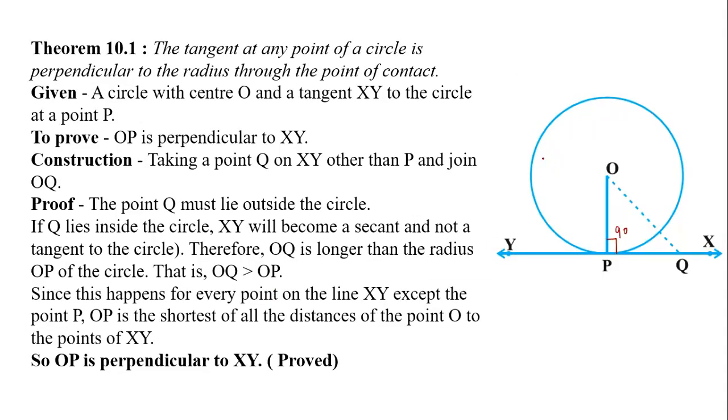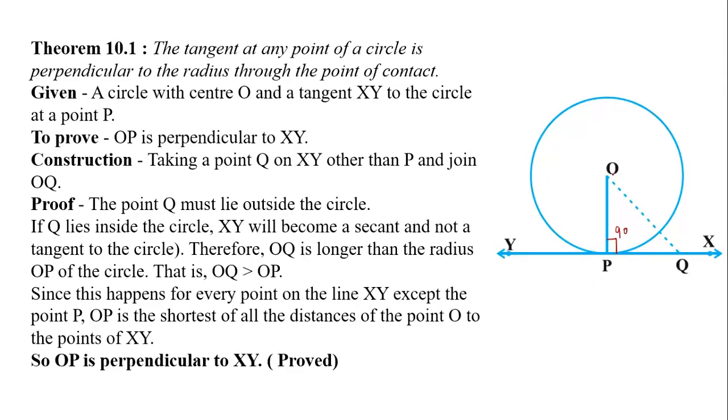Now let's move to the first theorem of this chapter, which states that the tangent at any point of the circle is perpendicular to the radius through the point of contact. Here we have to prove that the angle between the radius and the tangent is 90 degrees. So XY is the given tangent and OP is the radius, P is the point of contact.